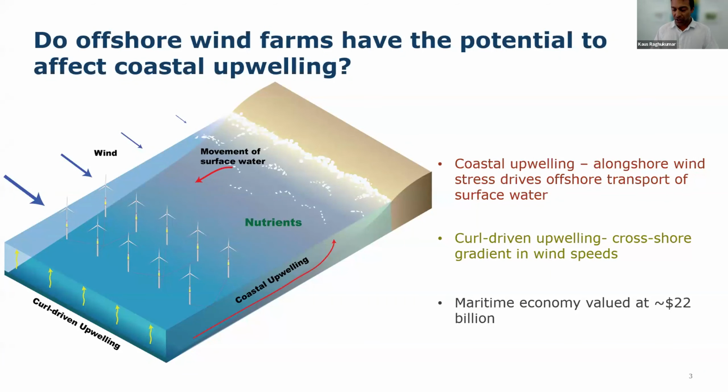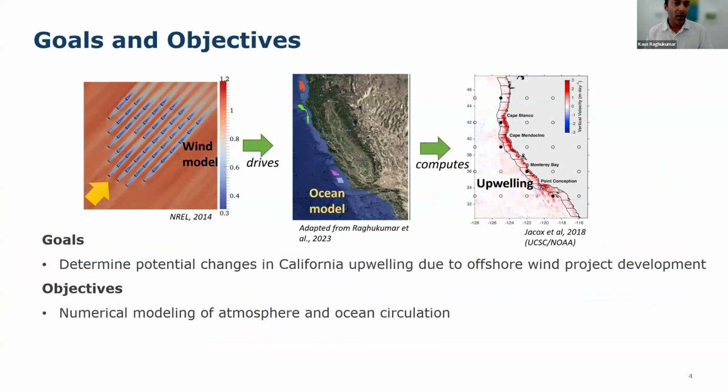We then undertook a modeling study to answer this question, where we used an atmospheric model capable of modeling the reduction in wind speeds in the lee of each wind turbine or wind farm.